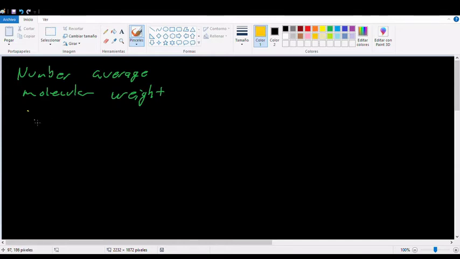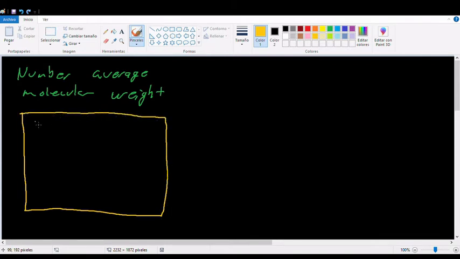So let's say, for example, we have a polymer and it has 10 molecules. Some of them are tiny, 2 of them for example. Then we have 4 that are longer.